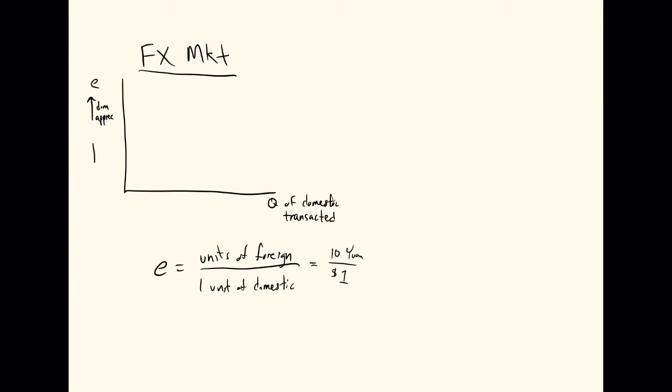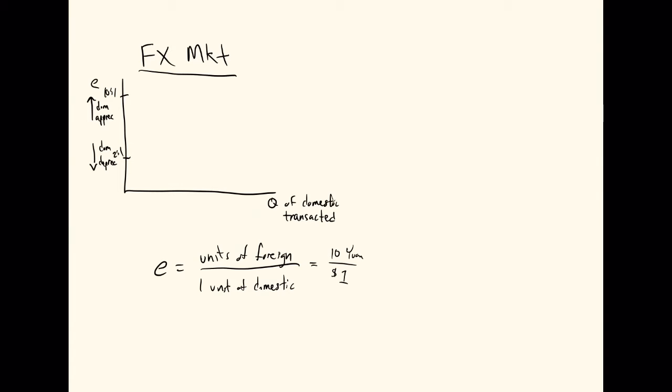As we move down the y-axis, our domestic currency depreciates. So we might have 10 to 1 won to US dollars at the top, and maybe 2 to 1 here at the bottom.